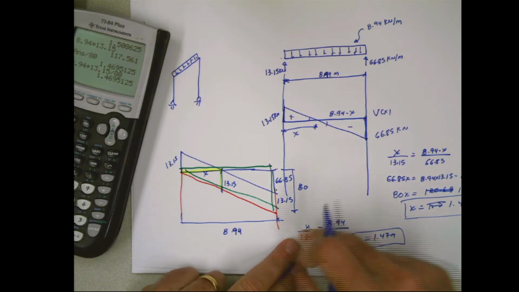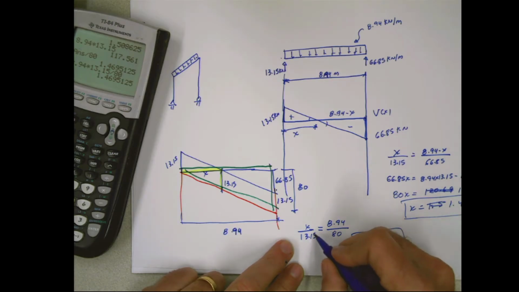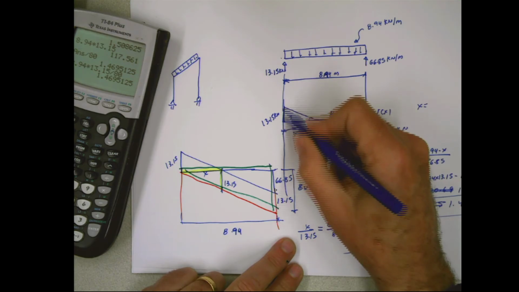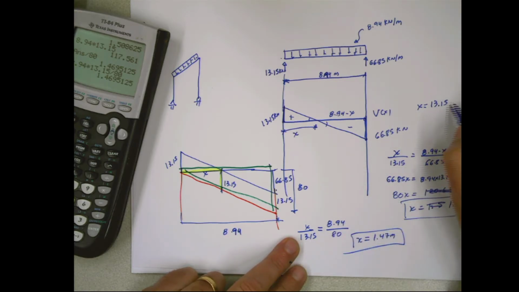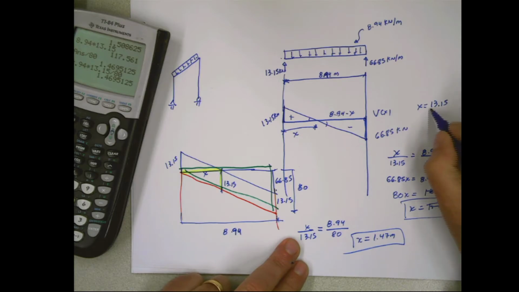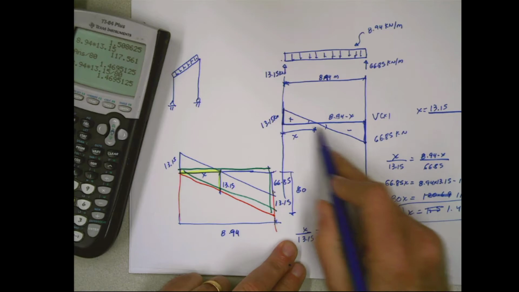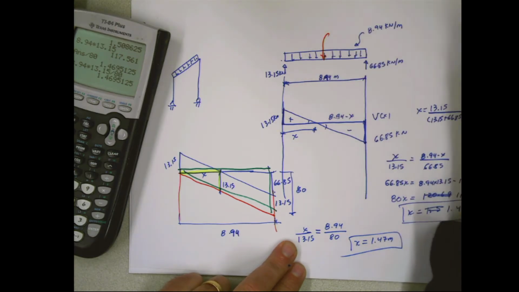So you can convert this into the formula, if you will, and that will be x equal this height of this triangle, 13.15, divided by 80, and if you realize 80 is the summation of these two, but at the same time is the total load here.